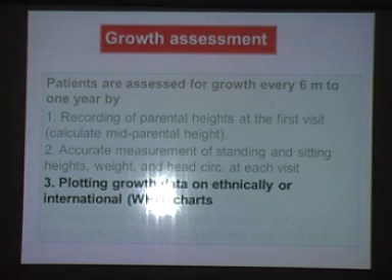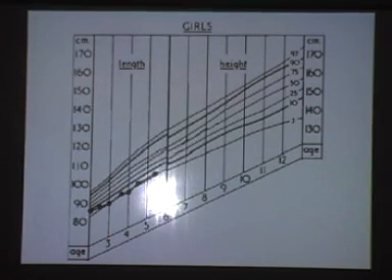We plot the growth data on the local or national charts, and this is an example of a patient with thalassemia, a girl.